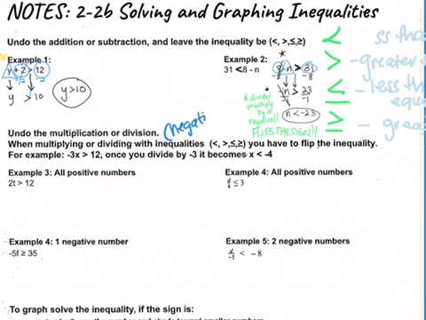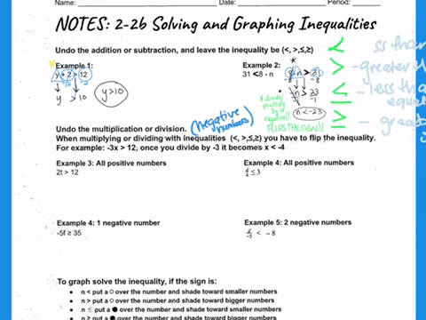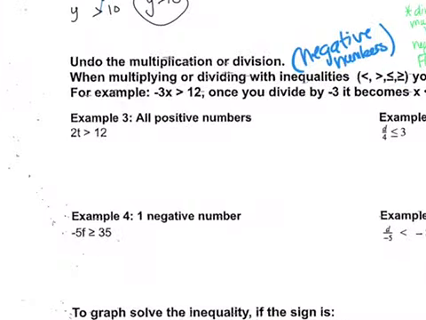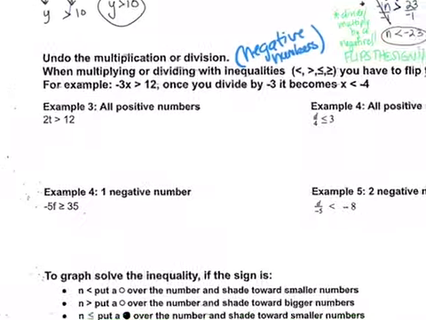So only negatives flip the sign. So only negatives, okay? Not just multiplying and dividing, only if there is a negative, okay? Just like you guys, you don't like negatives, neither do your signs in the middle, okay? Only negatives. So let's look at example 3.